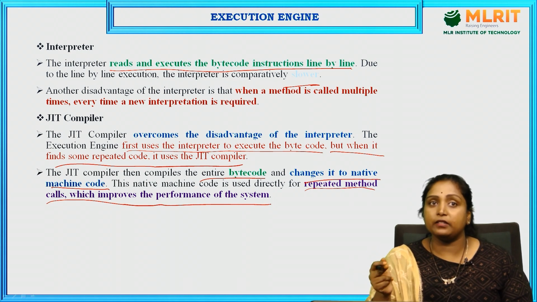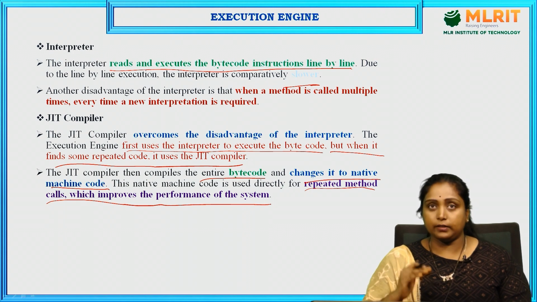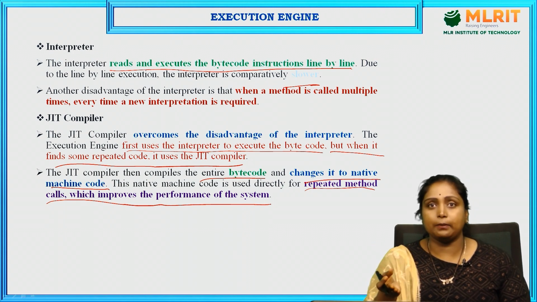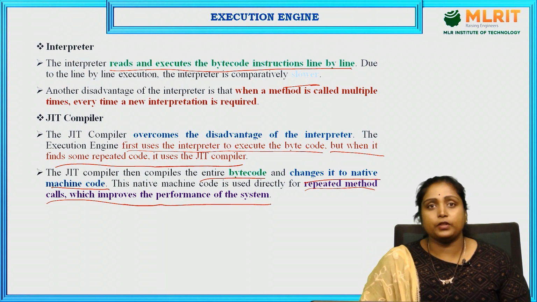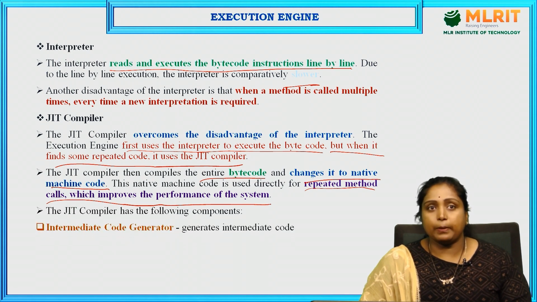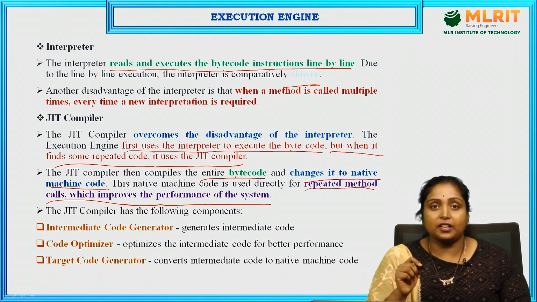The compiler compiles the bytecode, and whatever has already been read and executed, whenever I call the same method, it will go with the compiled method and improve the performance of the system. The JIT compiler has the following components: the intermediate code generator, which generates the intermediate code, and the code optimizer.